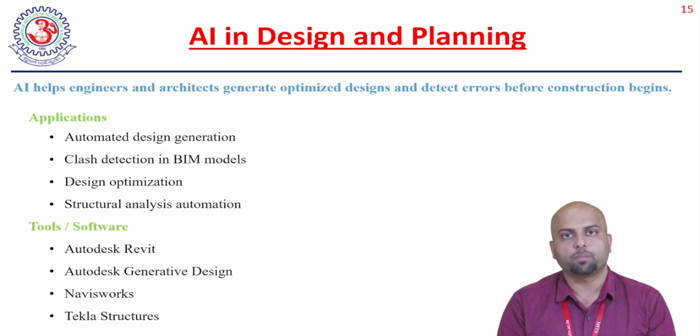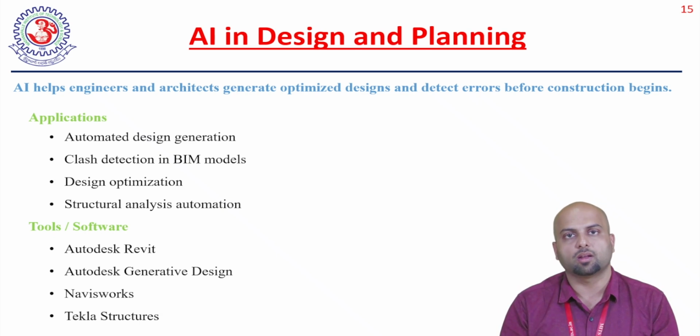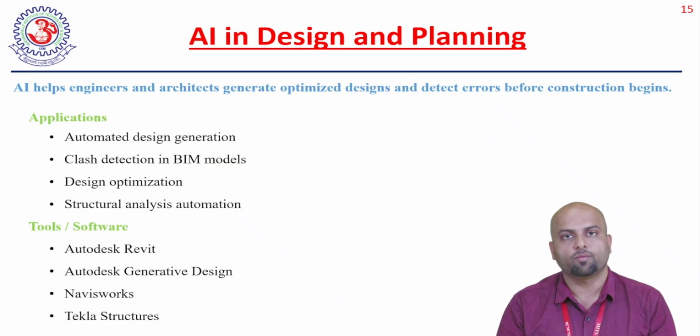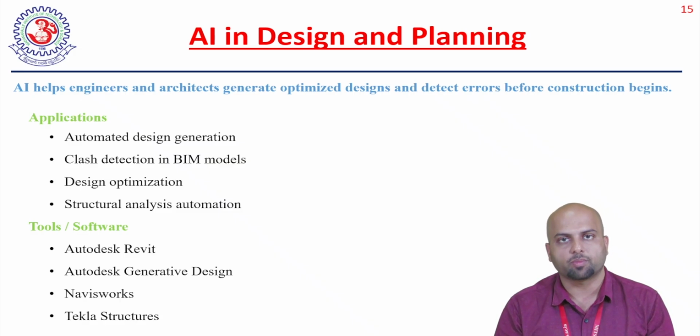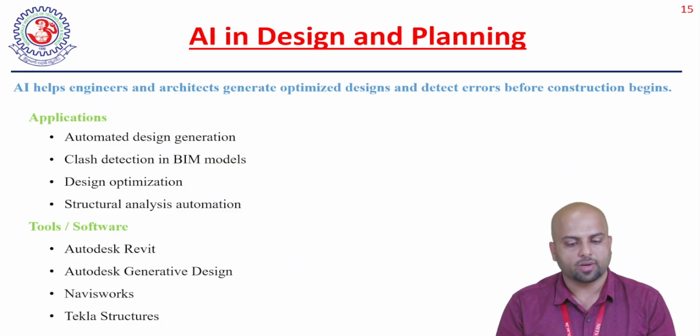In the last module, we discussed how BIM is helping in optimizing designs. There are also many AI tools available in the industry for optimizing designs, so that we can select the best optimized design out of thousands of designs available. So what are the different applications of AI in design and planning?